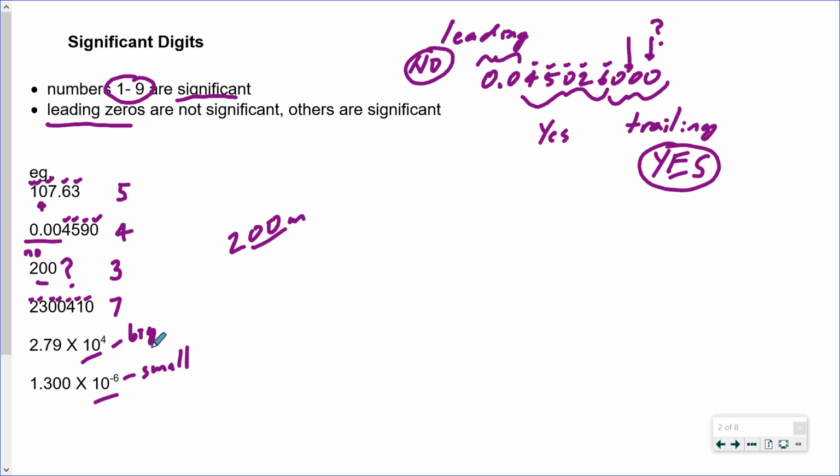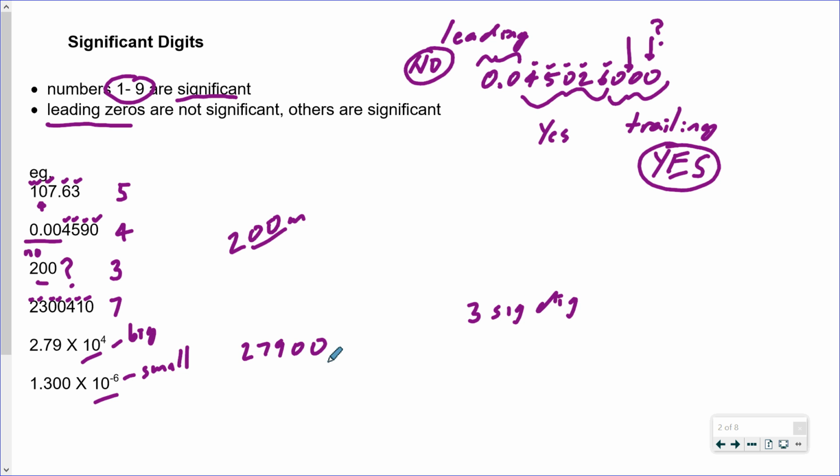So what this number here really means is 27,900. Why are we writing it in scientific notation? Well, because it's a big number, and it's sometimes easier to write it in scientific notation. Or we may have done a calculation, and we may have determined through the calculation that you can only have 3 significant digits.